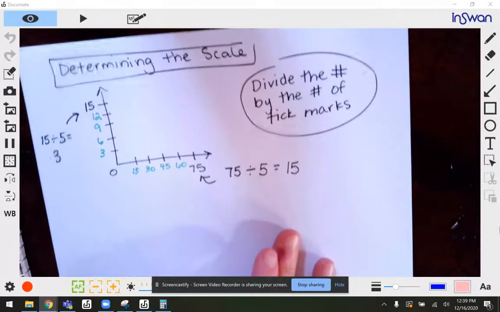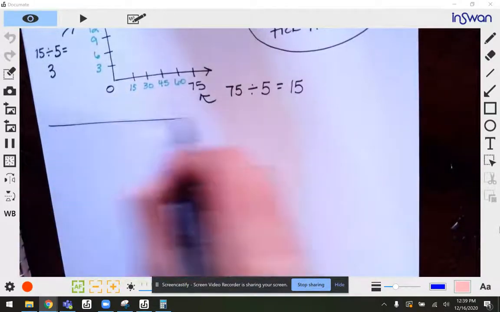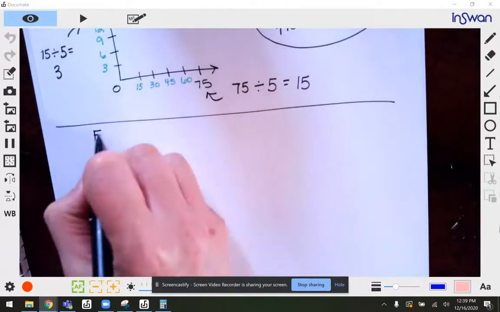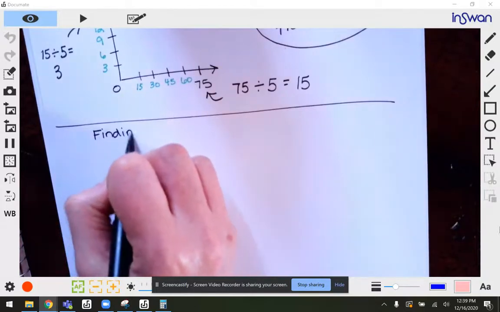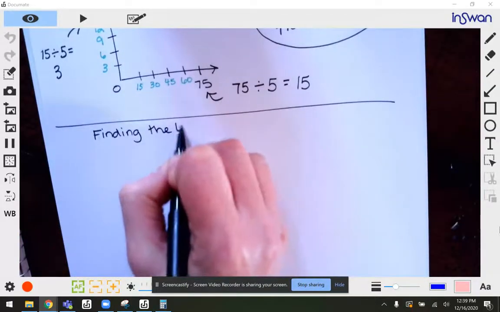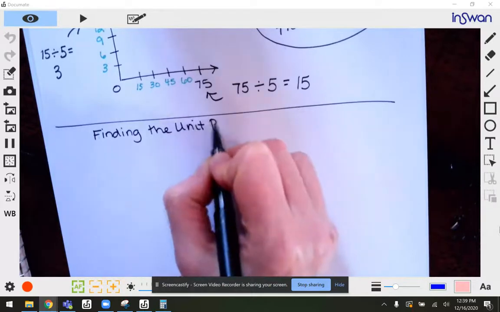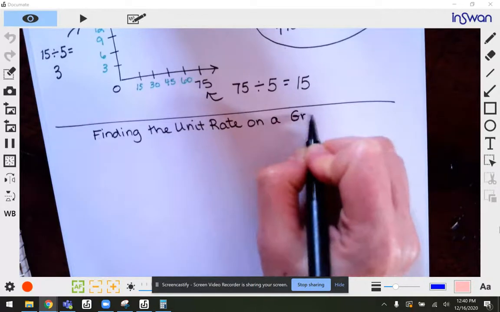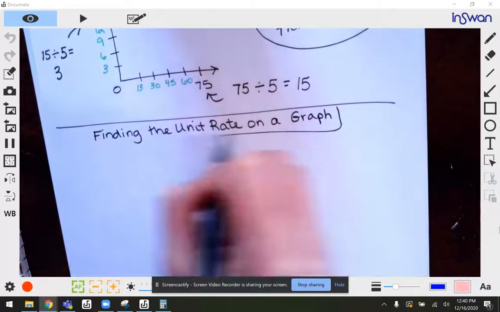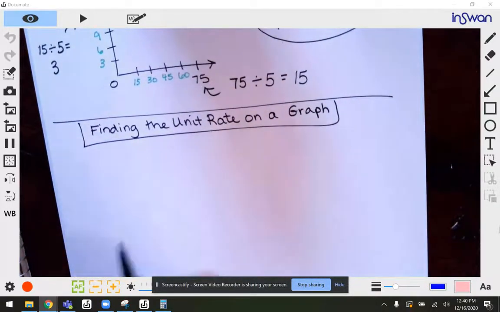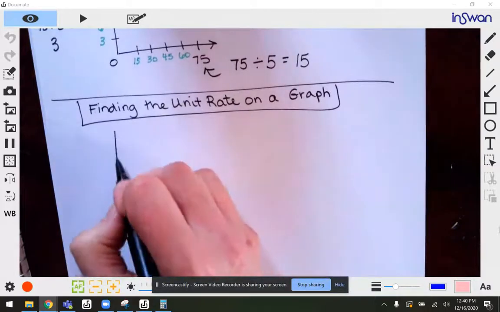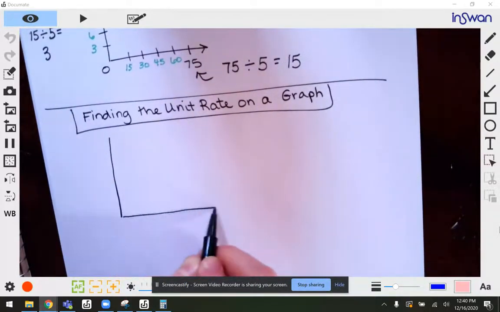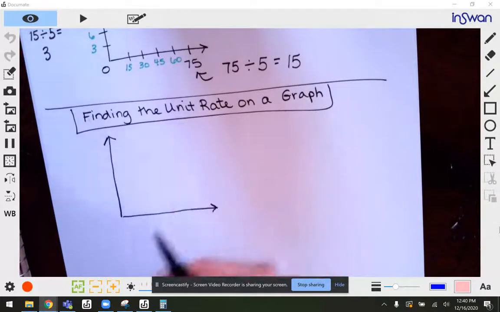So now that we have our little review done, we're going to actually look at finding the unit rate on a graph. So let's start with an example. So say I have this graph here, and I have 1, 2, 3, 4, 5 tick marks and a 50.